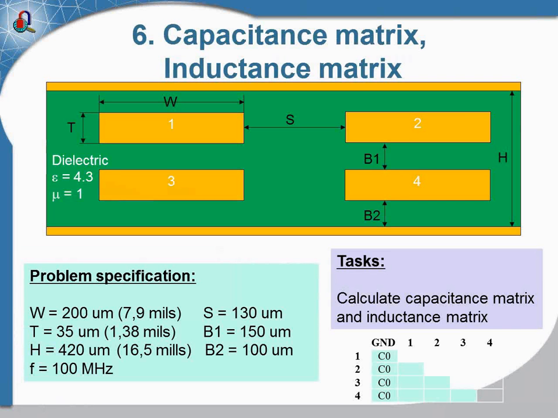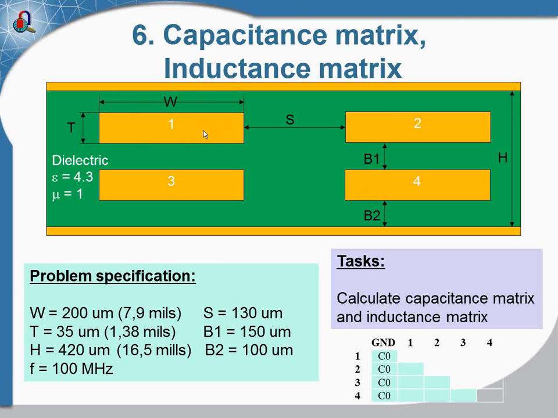Now, the last example for today is the capacitance and the inductance matrix calculation in case of multi-trace transmission line. To calculate self-capacitance, you should assign some voltage to the conductor, disconnect all other conductors, and assign zero potential to other conductors, and then you can calculate the charge stored on this conductor and divide the charge by the potential of the conductor.